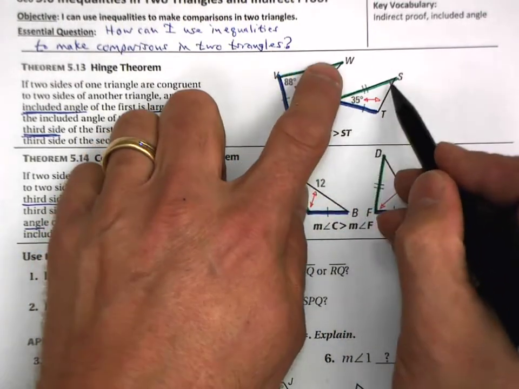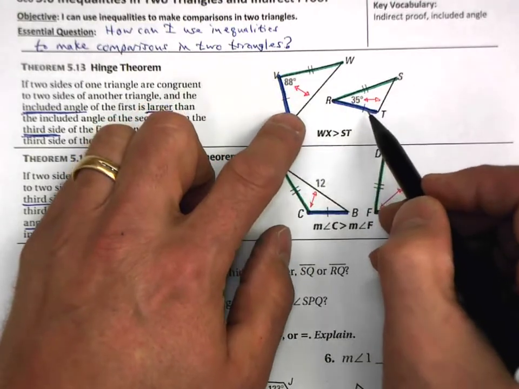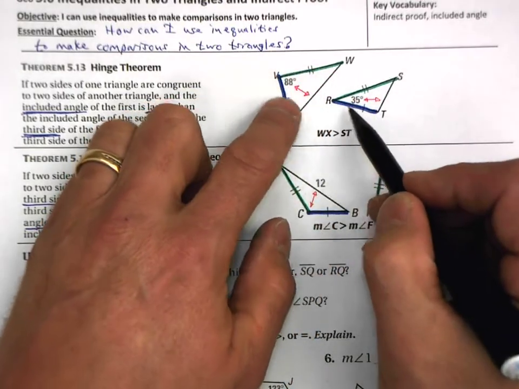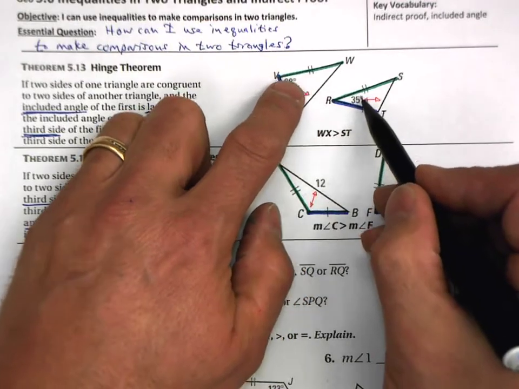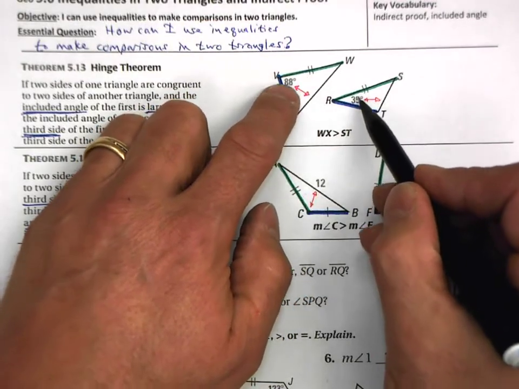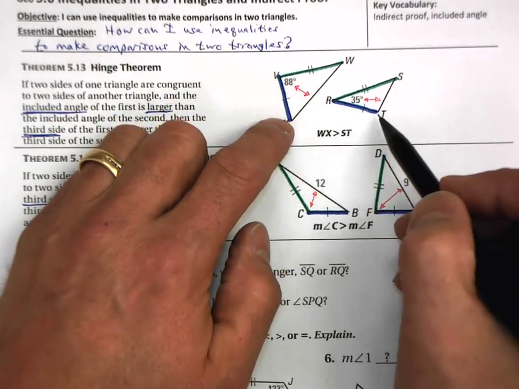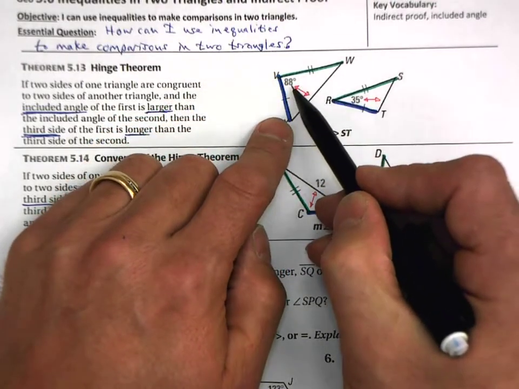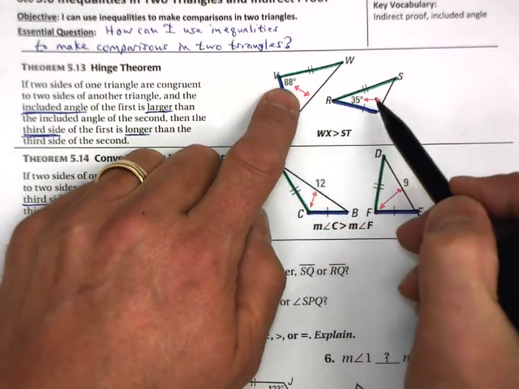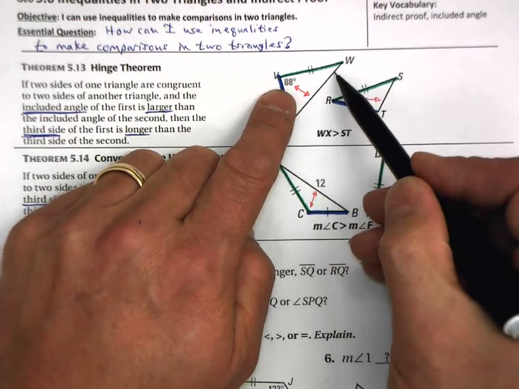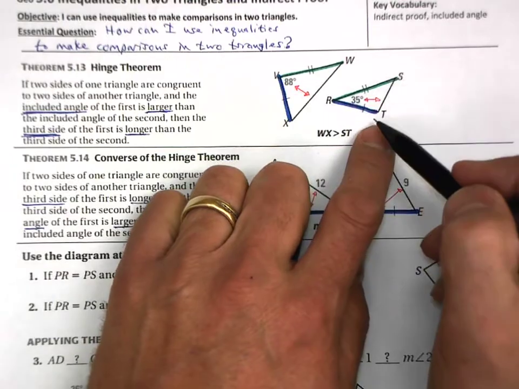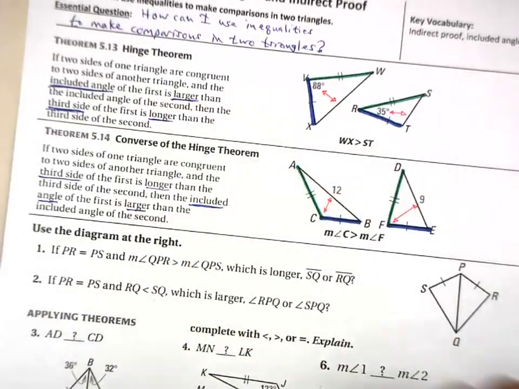As long as we have two pairs of congruent sides, and we're talking about the included angle between those two sides, then if that included angle is larger than the other one, then the third side will be longer than the other one. Just makes sense, doesn't it?